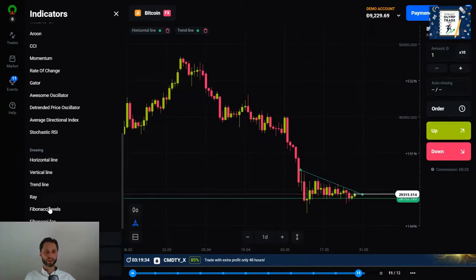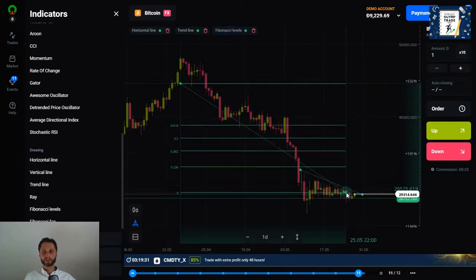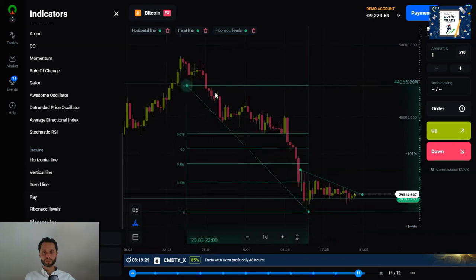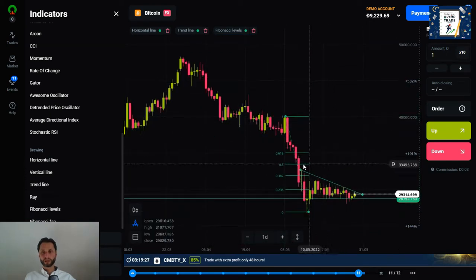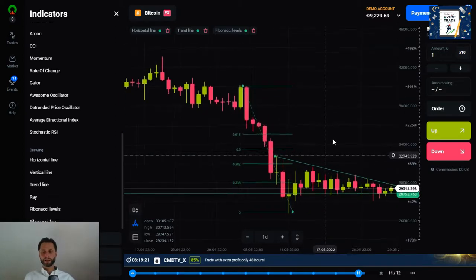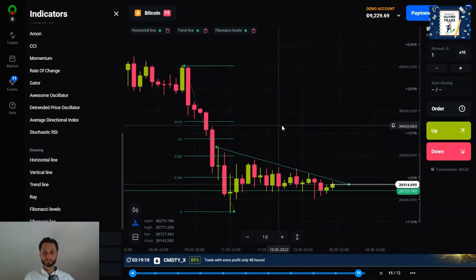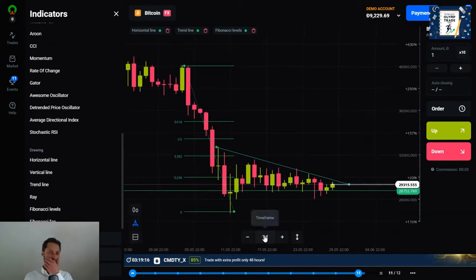And I can also, again, draw Fibonacci if that's what you like to do, just to make those levels obvious, reaching into that 50% level as a first target, and then 61.8 as the second target.